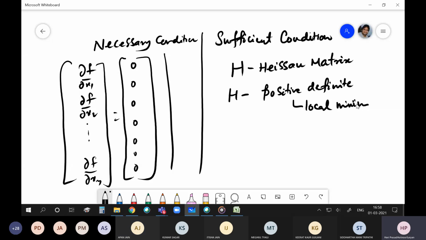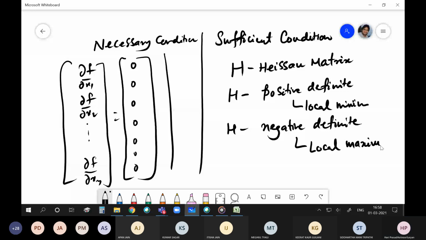If H is negative definite, then you will have a local maxima. But now the question is, how do we prove that H is either positive definite or negative definite? That we will take in the next class.